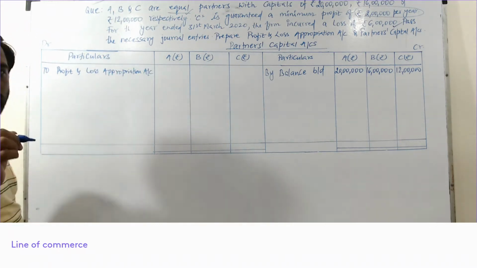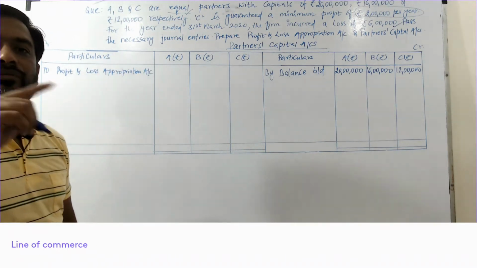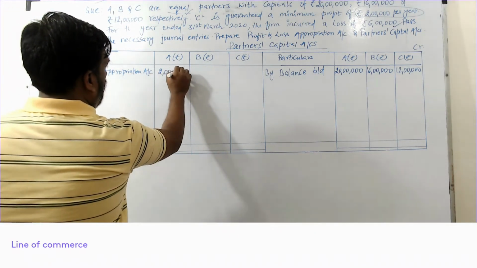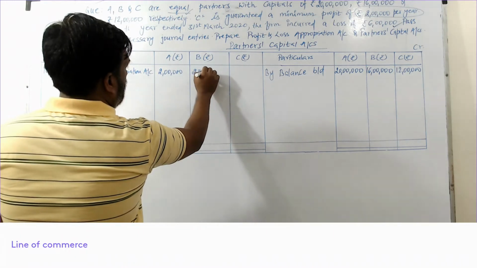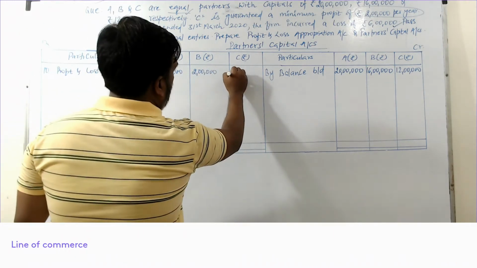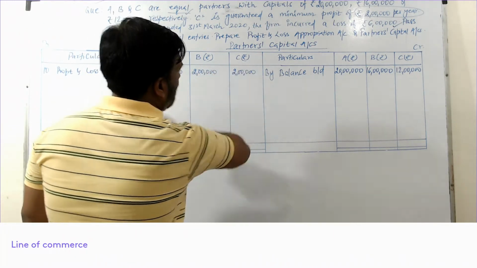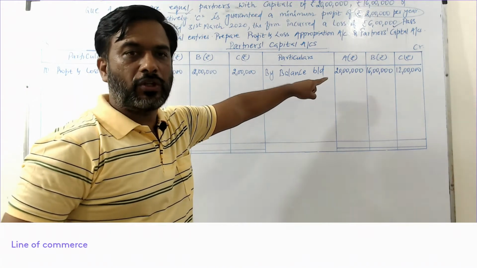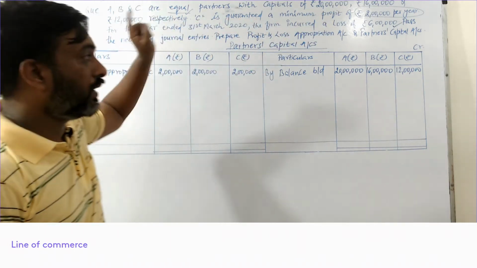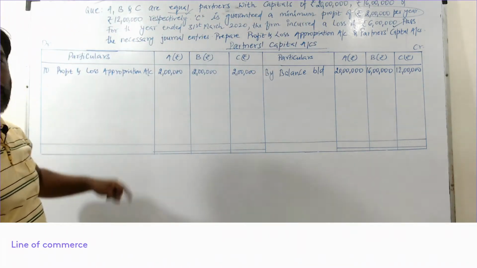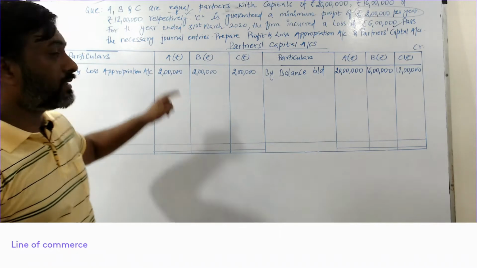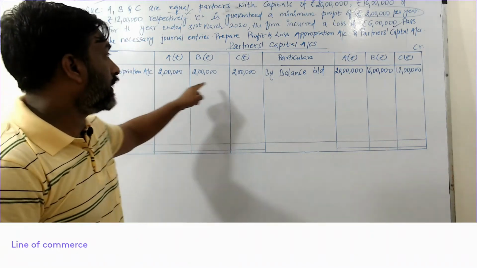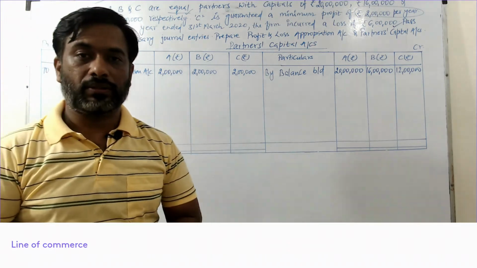How much was our loss distribution? 2 lakh for each partner. 2 lakh rupees for A, 2 lakh rupees for B and 2 lakh rupees for C. This is clear? First we wrote the opening balances of each partner. It is given there in the question. 20 lakh, 16 lakh and 12 lakh. And then this is the distribution of loss. 6 lakh rupees we have distributed equally among all the three partners.